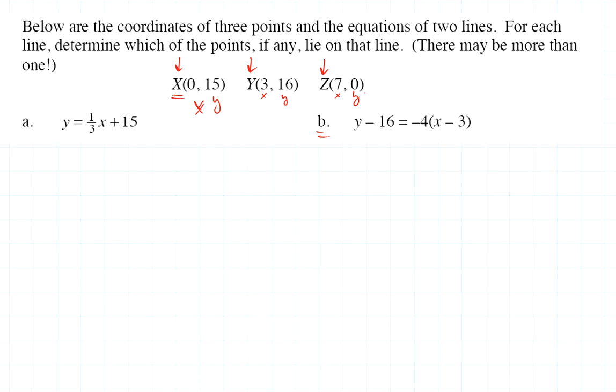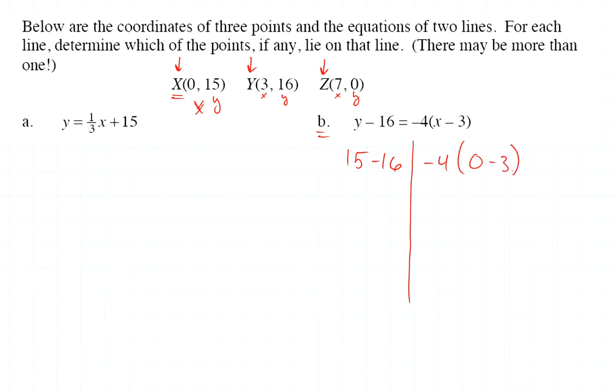So if I want to test and see if the point X is on this line, I'm going to plug the values of X and Y, the X coordinate and the Y coordinate, into that point and see if they make the equation true. So for point X, the Y coordinate is 15. So I'm looking at 15 minus 16 on one side of the equation. And on the other side, I have negative 4 times the quantity of 0 minus 3.